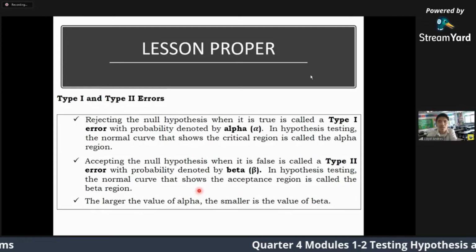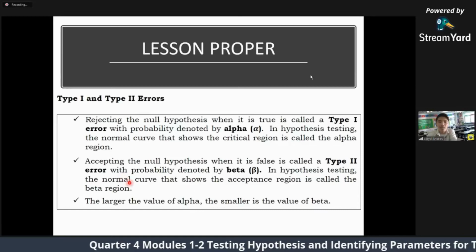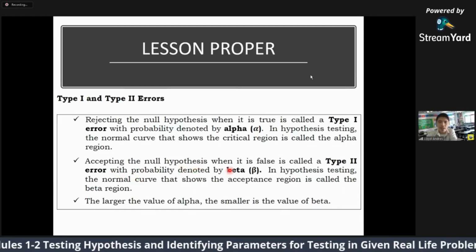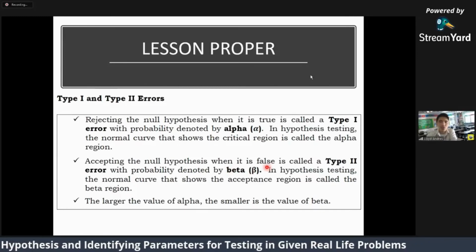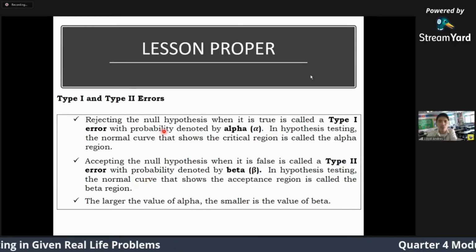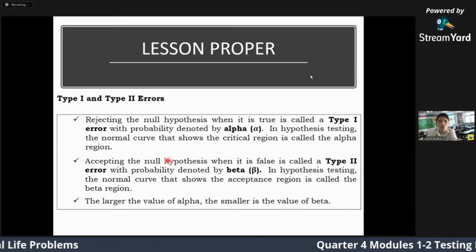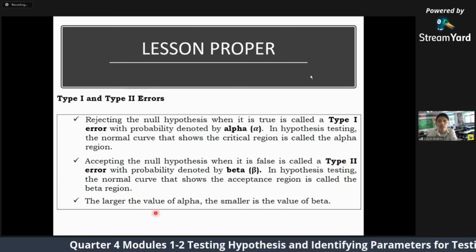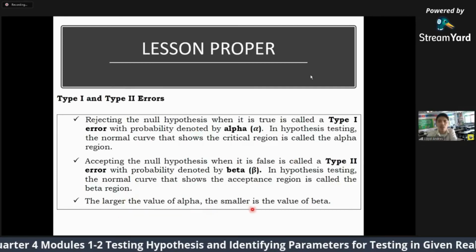So, kung 95% imong beta, meaning you have 95% chance of accepting the null hypothesis where in fact it is false. Kay dapat man gud kung false siya, i-reject pero gi-accept nimo. Ang diripod sa type 1 error, true siya pero imong gi-reject. So error na to, type 1 error and type 2 error. So again, the larger the value of alpha, the smaller the value of beta.